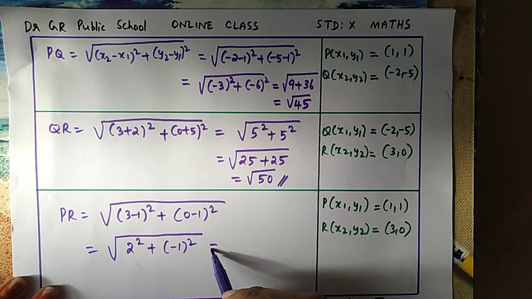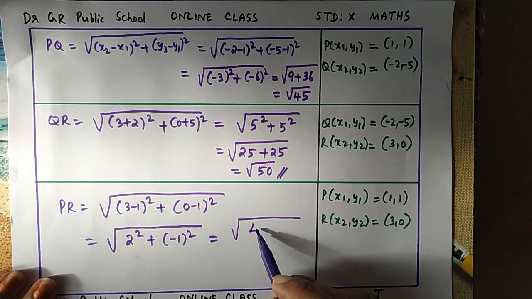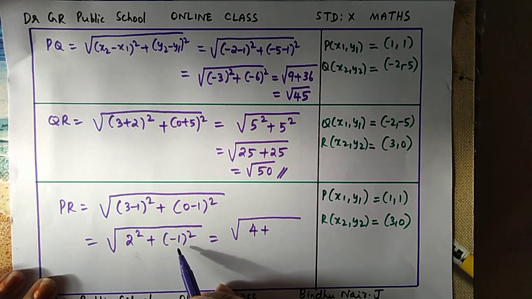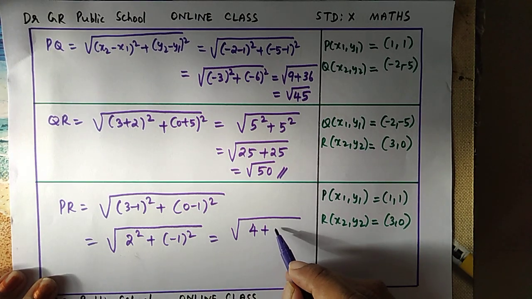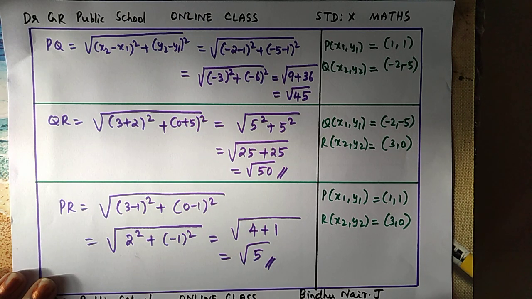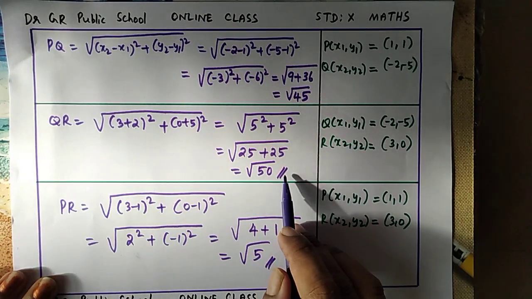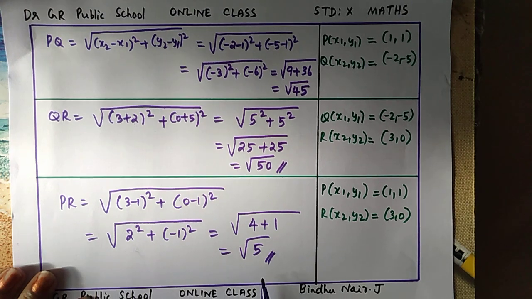Minus 1 the whole square. What is 2 square? 4. What is minus 1 square? 1. So 4 plus 1. What is 4 plus 1? Root of 5. Thus you got PQ root 45, QR root 50 and PR root 5.